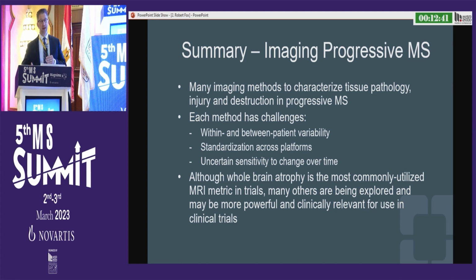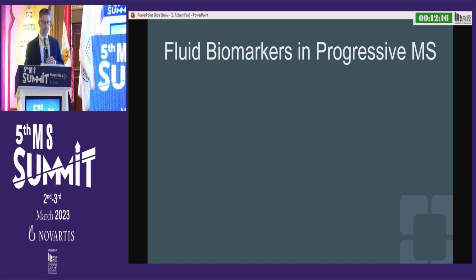Although right now whole brain atrophy is still the most commonly employed primary outcome for phase 2 trials in progressive MS, I think the time is coming when other modalities will replace it. Indeed, there are some phase 1 and early 2A studies employing other metrics that may turn out to be more sensitive and more powerful.